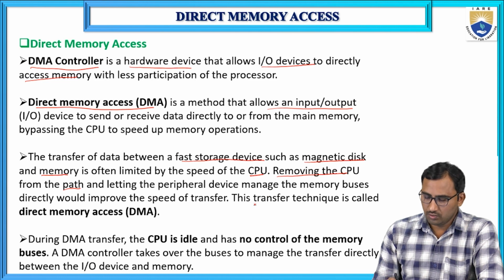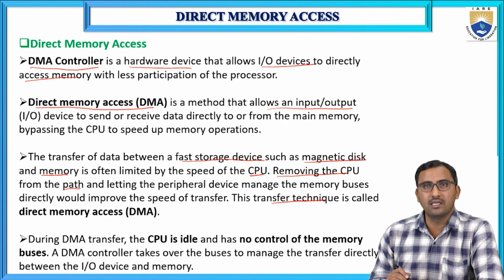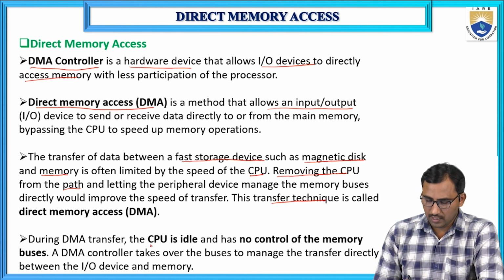This transfer technique is called direct memory access. Direct memory access is nothing but the IO device transferring data to the memory without involvement of the CPU. During this direct memory access, the CPU will be in an idle state.